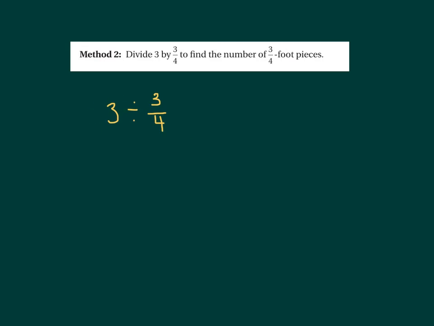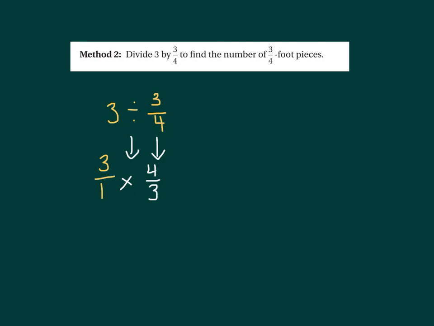It's technically going to stay the same, but we can put it over a 1 because we're working with fractions. And then we're going to flip this division sign into a multiplication sign. And when we do that, we're also going to remember to flip that second fraction to its reciprocal. And so the reciprocal of 3/4 is 4/3.